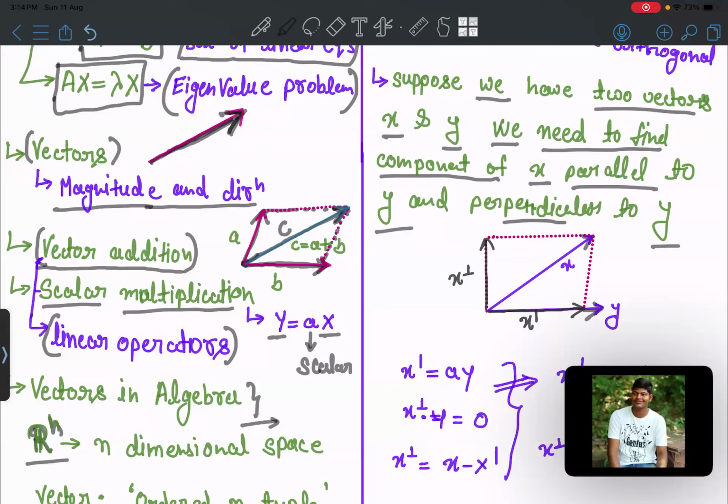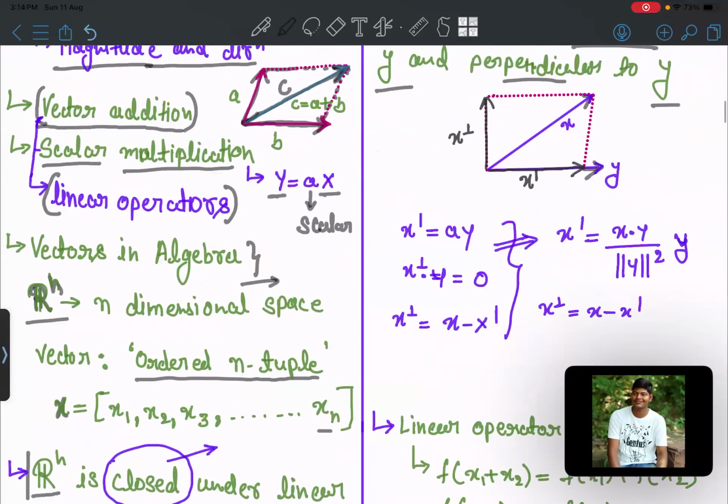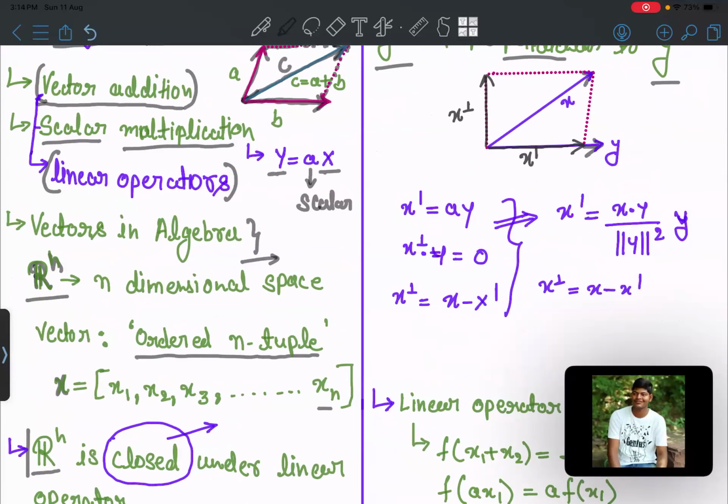We assume the component of x that is parallel to y is represented as x parallel, and the component of x that is perpendicular to y is represented by x perpendicular.